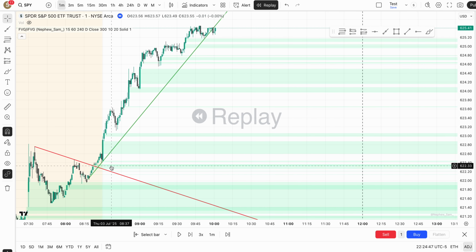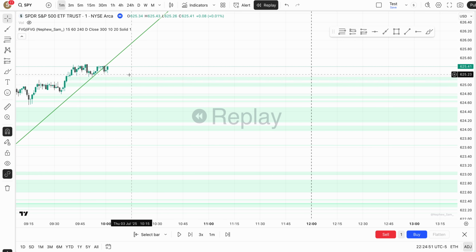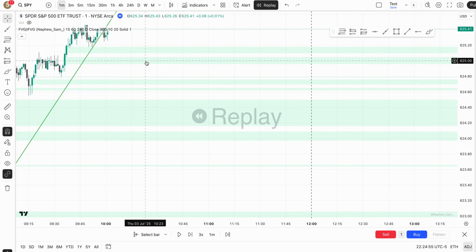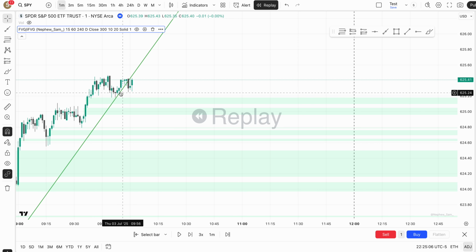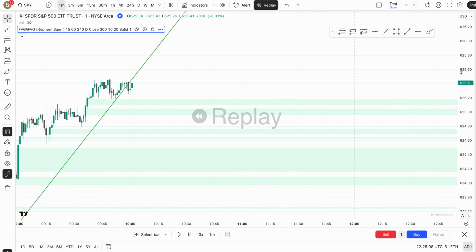The entry on these calls was 622.45, and the exit was 625.31. We got a candle close below the green line, and there's no fair value gap at the line for this to bounce from. So the safest way to trade this is to always exit, just from my backtesting.